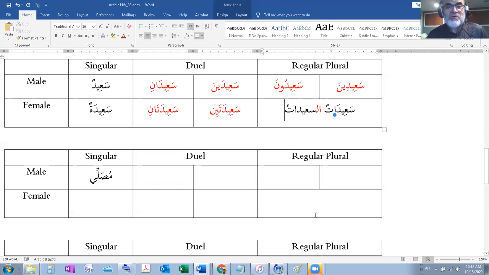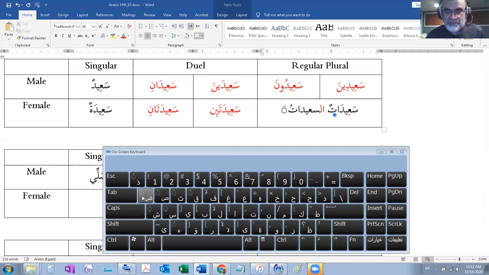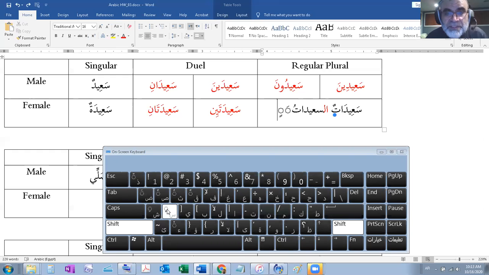Remember that any word that has alif lam at the beginning cannot have any kind of tanween on the end. Neither tanween dhamma, nor tanween fatha, nor tanween kasra. As you see here on the keyboard, we have tanween kasra, which is here.